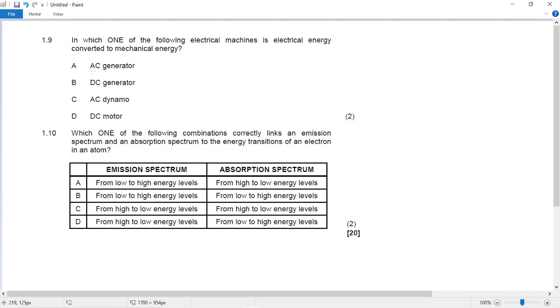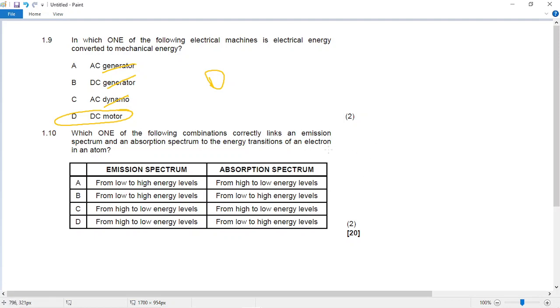So it is not any kind of generator. A generator does the reverse. It takes mechanical energy and makes electrical energy. So those two are gone immediately. A dynamo is exactly the same as a generator, so it's not that one. The answer has to be D, the DC motor.